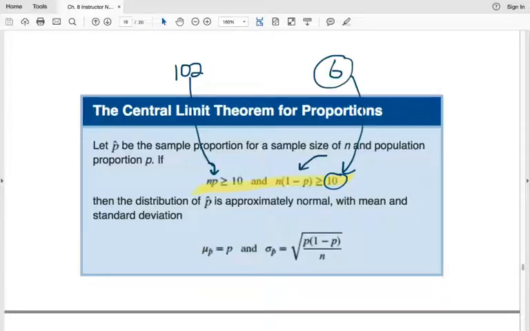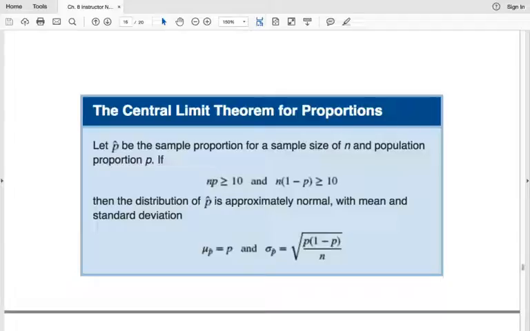Instead of a sample of size greater than 30, we have to make sure we've got at least 10 on each side. Now, provided that happens, then the central limit theorem for proportions says the distribution of p hat, the sample proportion, is normally distributed with a mean given just by the proportion itself, the actual population proportion, just like we said that the mean is the mean of the population, and with a standard error of the mean, similar to how we calculated standard deviation before, of radical p times 1 minus p over n.